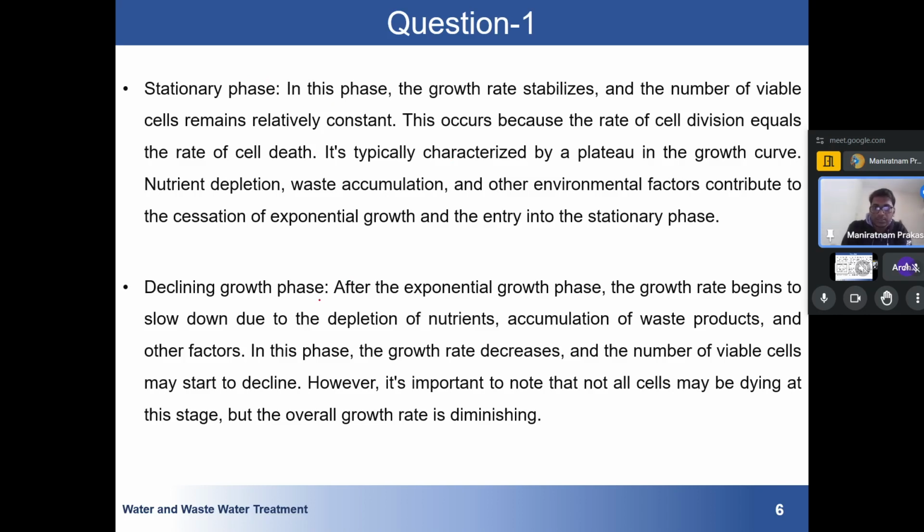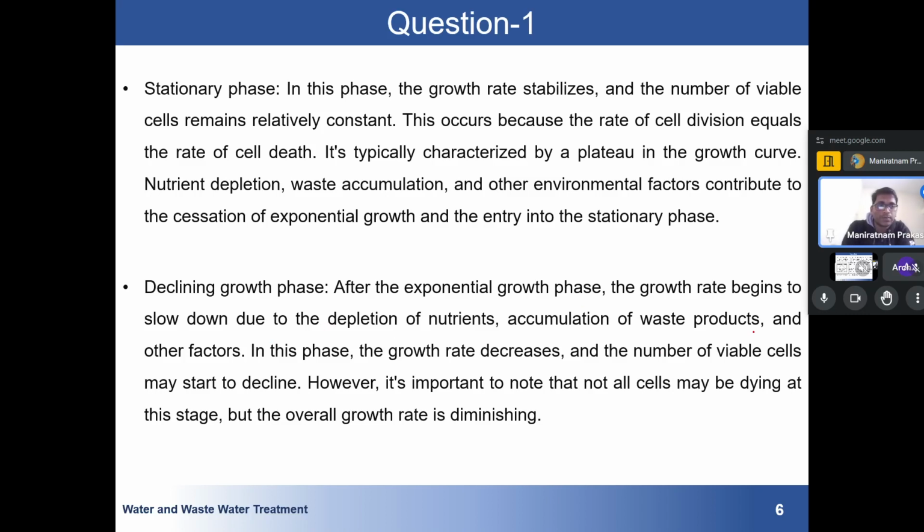The declining phase is defined as follows: after the exponential growth, the growth rate begins to slow down due to depletion of nutrients, or you can say the food, the organic matter that was available, is in limited amount. That is why there is depletion of nutrients and accumulation of waste products.